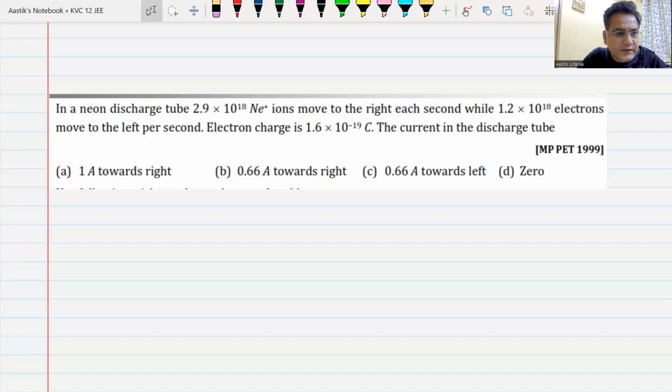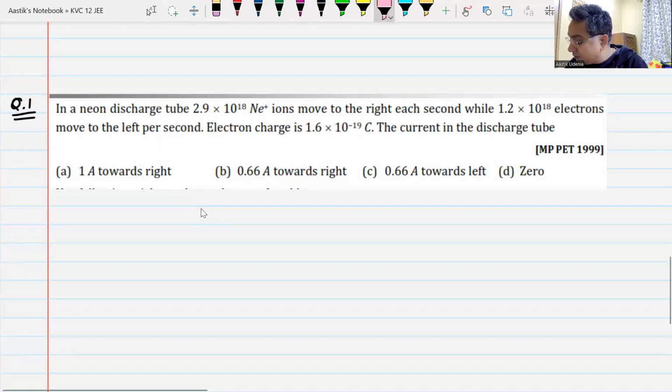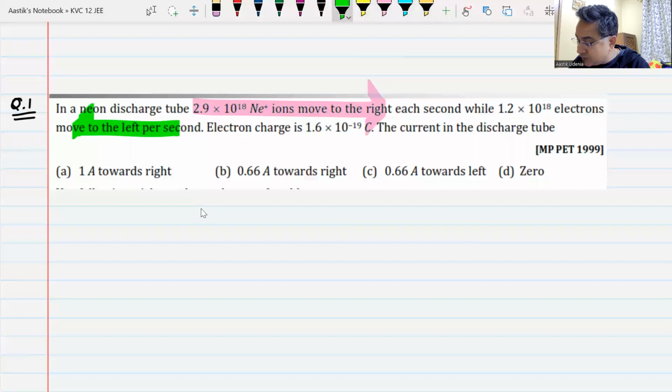So the net charge that is flowing here in this question: these neon plus ions are moving towards right and these electrons are moving towards left. So I have to find out the net flow of charge.